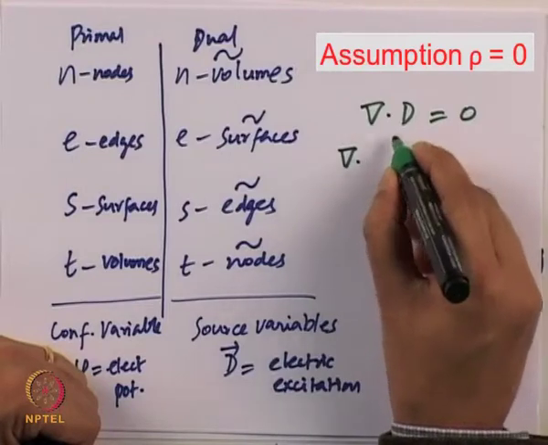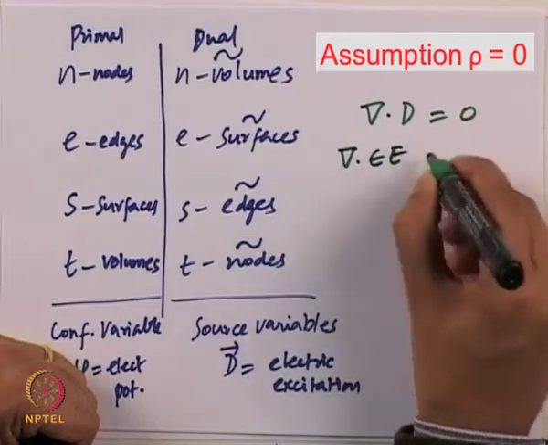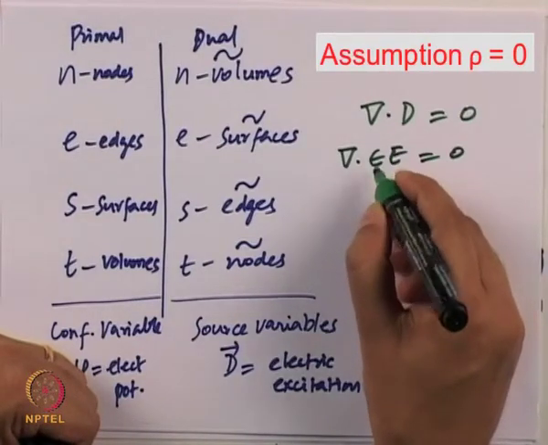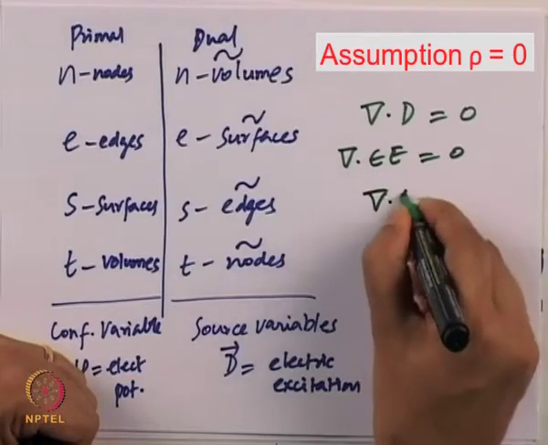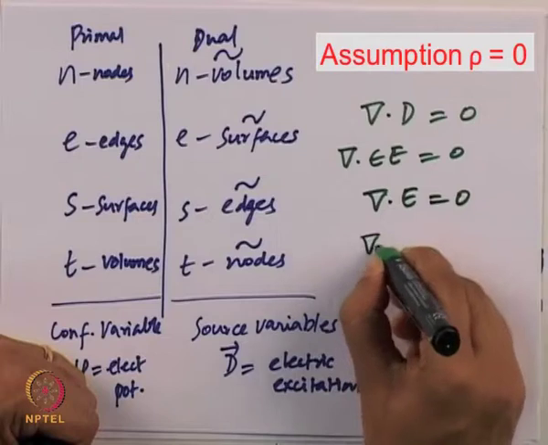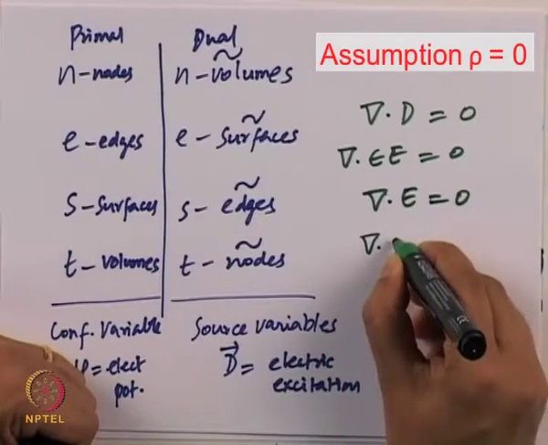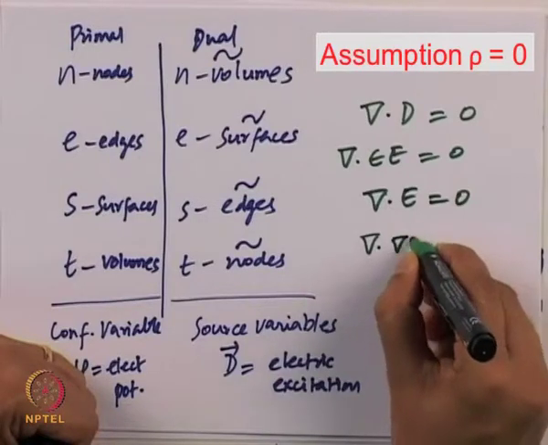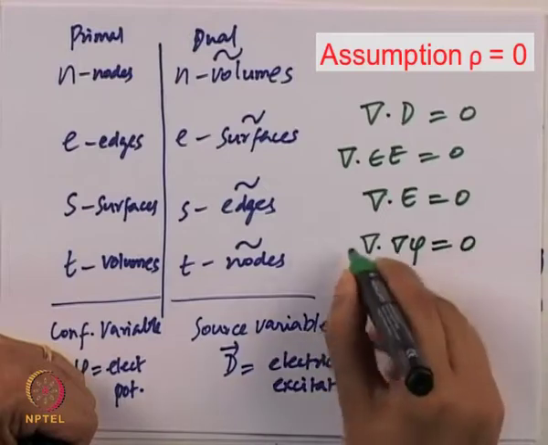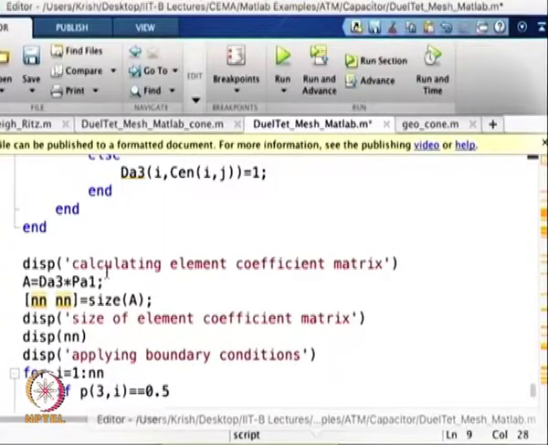We write D as epsilon E equal to 0. So we assume that epsilon is positive definite, so we will have divergence of E equal to 0, and we know that E itself is a gradient of phi in the case of a static problem. So we can write it as minus gradient of phi, and the minus sign will go away and we will have this equation. So let's look at the code.